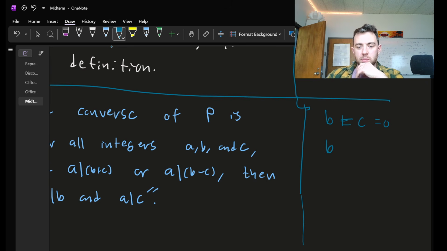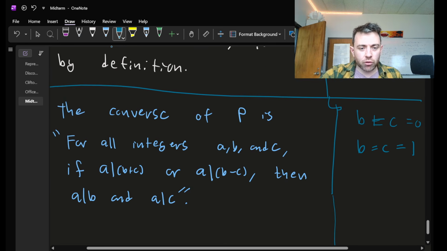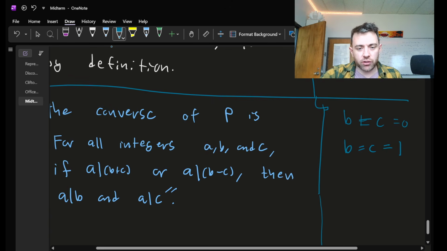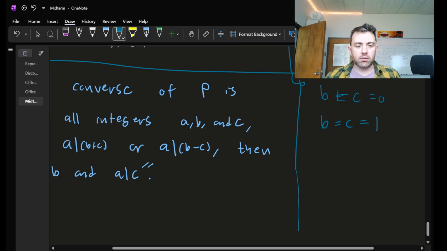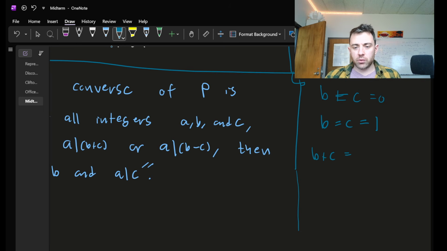What if we took B equals C equals 1? So let's take them both to be 1. So if A divides B plus C or A divides B minus C, then and so on. Okay, so B plus C would be 2.